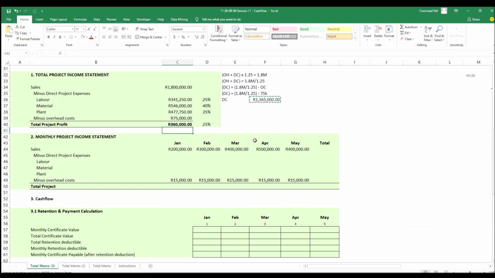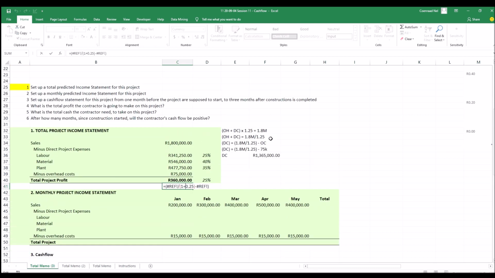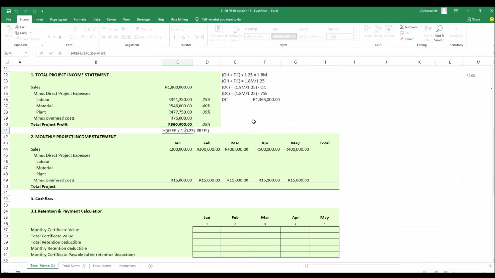And now we just need to get our references correct. Because we know it's the 1.8 million, now it is the monthly income, which in this case is that one, divided by that minus, and in this case, let me just make sure I've got the reference correct, take that one out, that one over there.